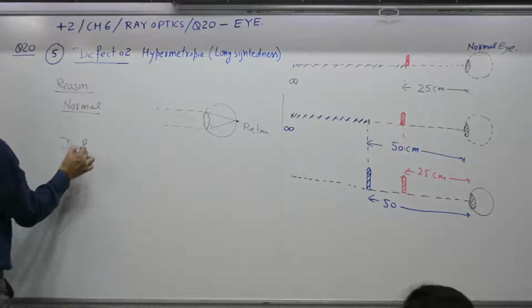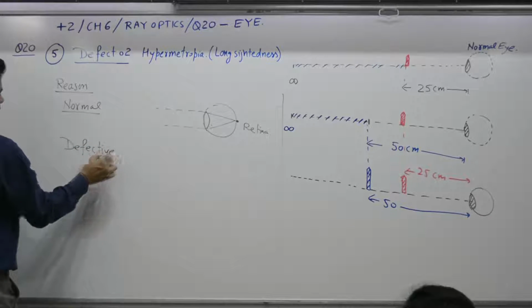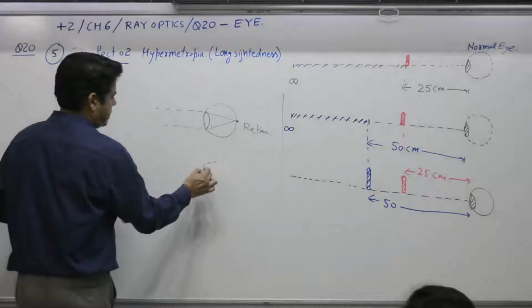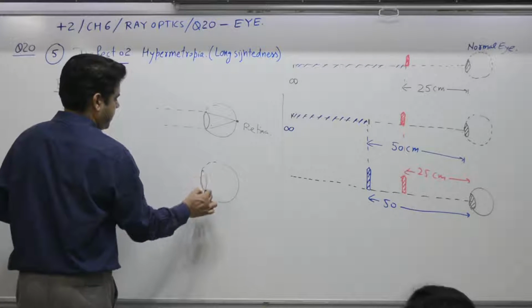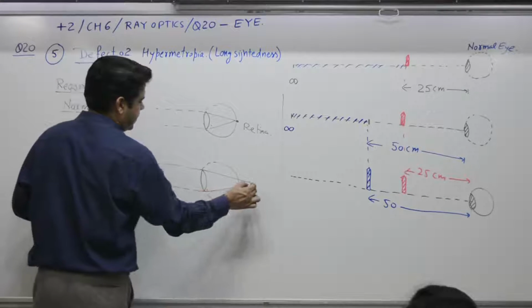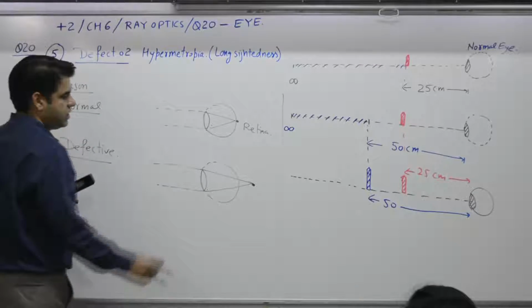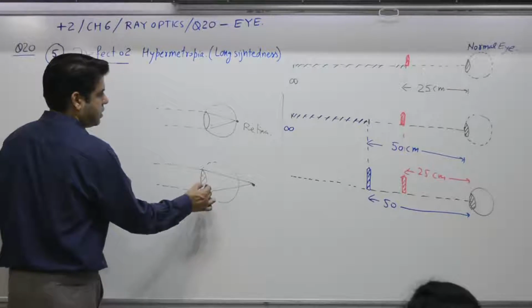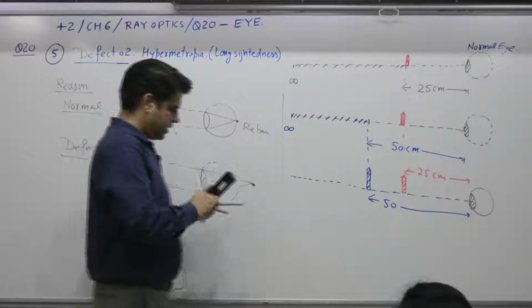Defective eye. Yes. Help. Back side of retina. It will shift from this position to this one. Previous one, I have not drawn the diagram.